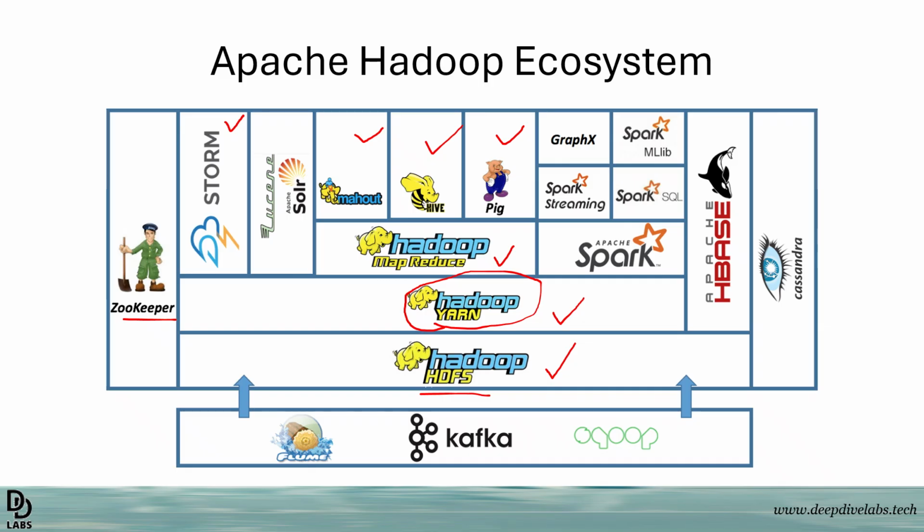Because there were too many of these separate components, when Spark came about, it came about as a unified way of dealing with big data processing across any kind of workload, so that you don't have to write any complex MapReduce algorithms. You can just do your programming in a high level language itself, and Spark takes care of converting it internally and doing all the cluster management for you.